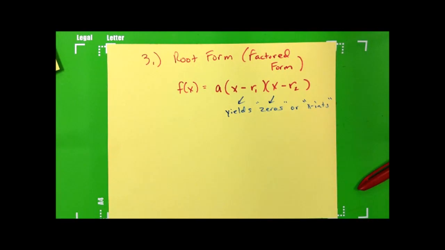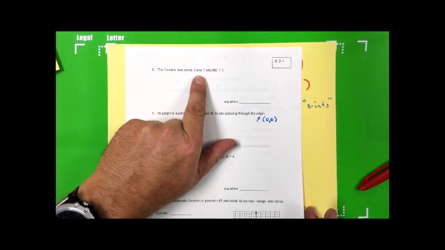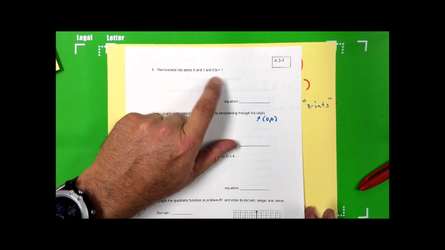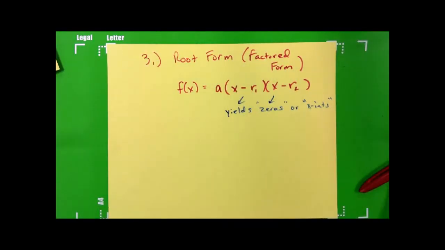Okay? So, the worksheet I gave you, let me show you the importance of this. What if I gave you a function that told you that we have zeros of 5 and 1, but it goes to the point 0, 1? Check this out.